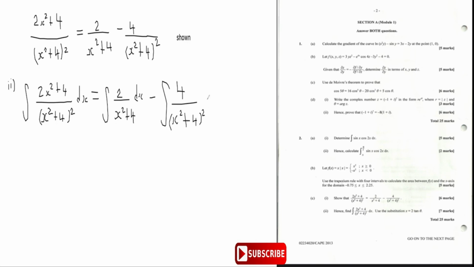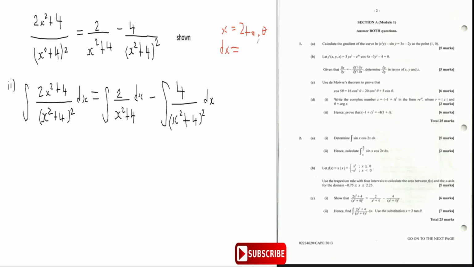Now that we're doing this, what do we need to do? The first thing is, it says using the substitution x is 2 tan theta. So if x is 2 tan theta, then what is dx?